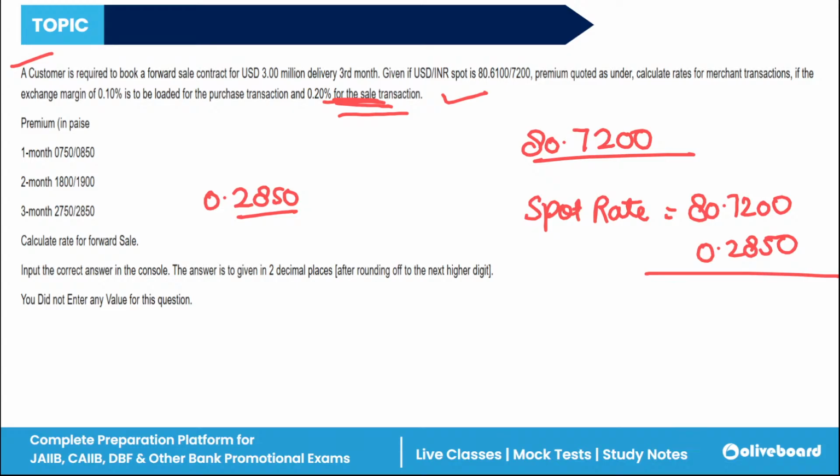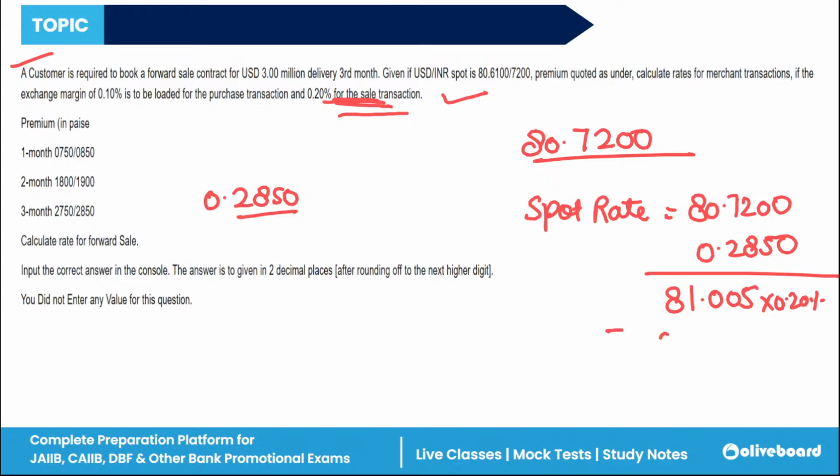It is equal to 80.7200 plus 0.2850, which is equal to 81.005. Now for this rate, we have to calculate the margin, that is 20% as a margin. So what is the 20% of this?